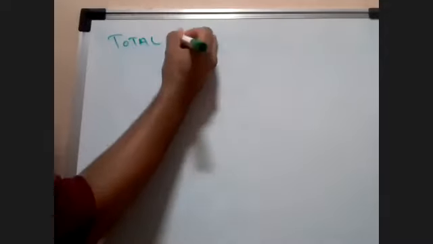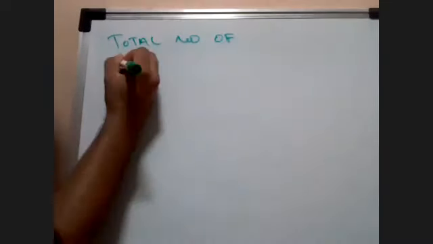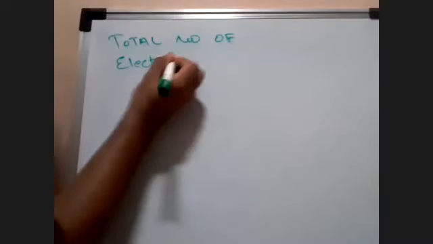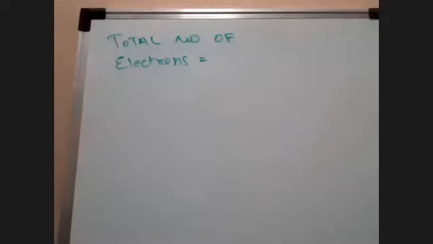So the total number of electrons will be the total number of atoms into 29E, because the charge on the nucleus of each atom is 29E.